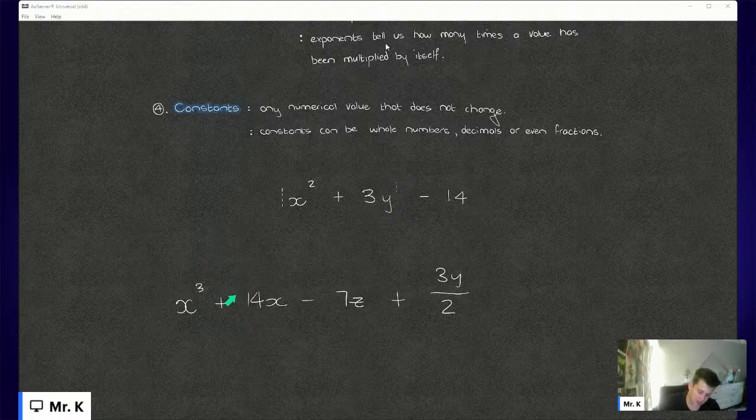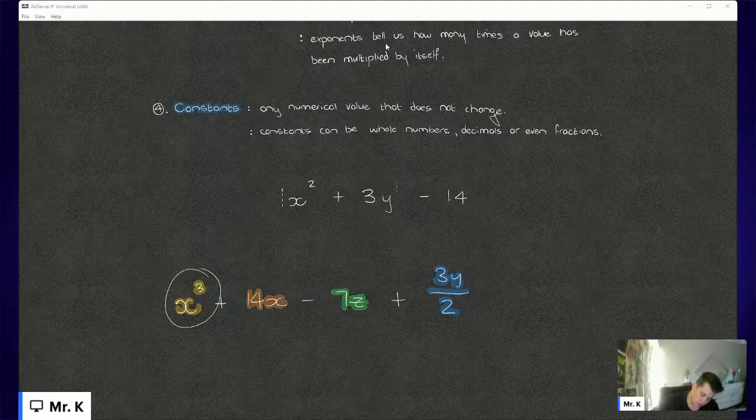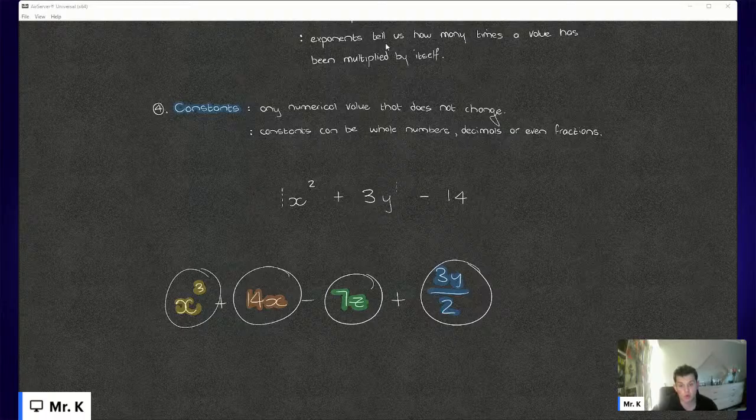Looking at something like this over here, this looks super complicated and it's definitely very busy, but we can see that something's happening over here, something else is happening over here, another thing over there, and one last thing happening over here. Now, each of these individual parts that we can identify, guys, are what we call terms, right?